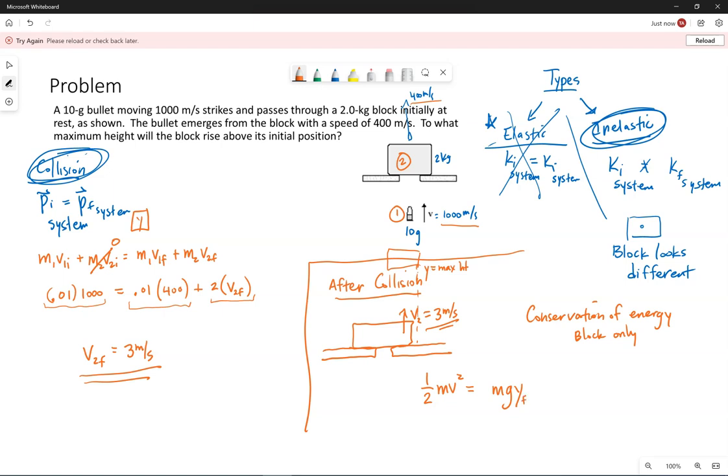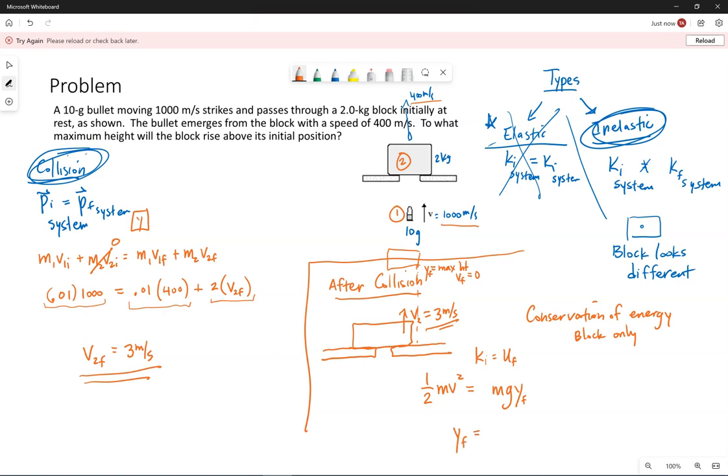Y final being a maximum height means a v final up here of 0. Right? Just like tossing a ball in the air. It slows down, slows down, slows down, gets to a maximum height, at that instant its velocity is 0, and it starts falling back down. And so we are just saying its kinetic energy is turning into potential energy.